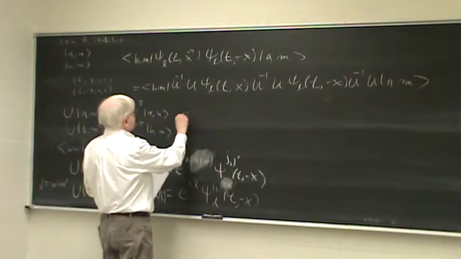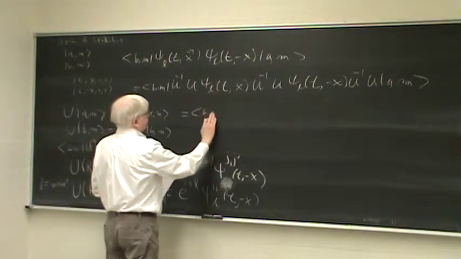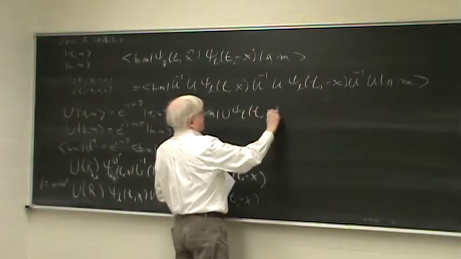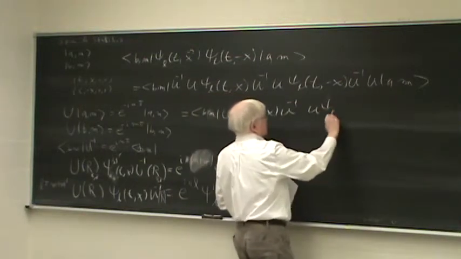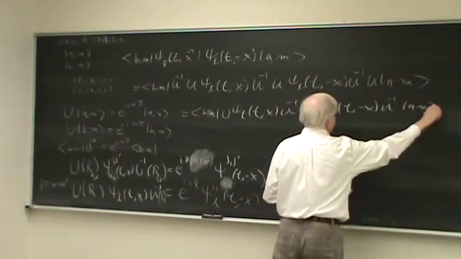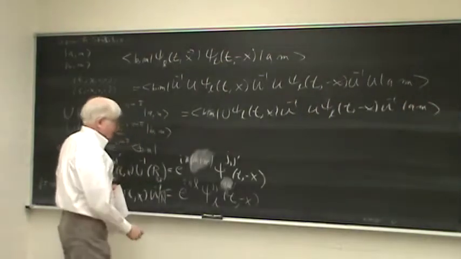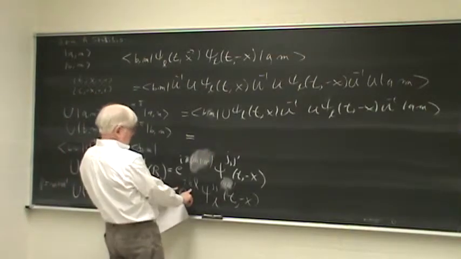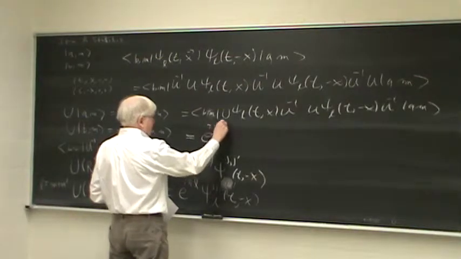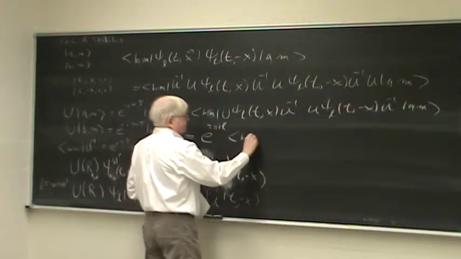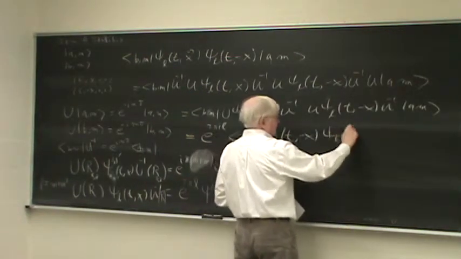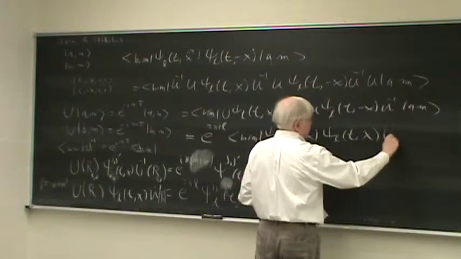So those two cancel, and we get B_m U psi_L(t, x) U inverse U psi_L(t, -x) U inverse A_m. And now each of these will get e to the i pi L, so we get e to the 2 pi i L B_m psi_L(t, -x) psi_L(t, x) A_m.